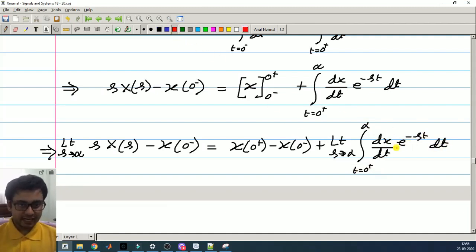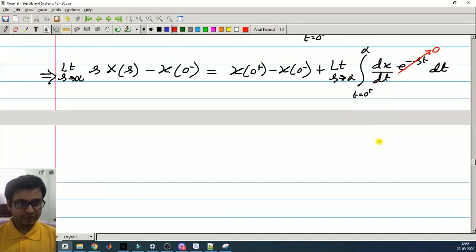Now notice that time is positive, s is very large, so e to the power a very large negative number is 0, so this integration will result in 0.